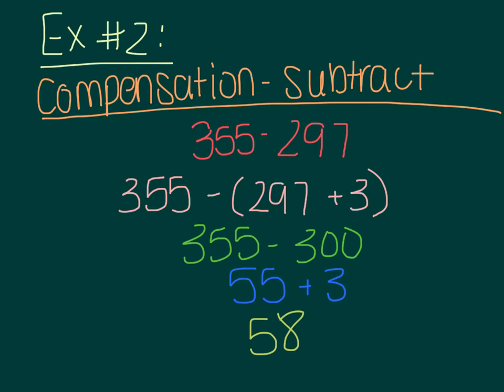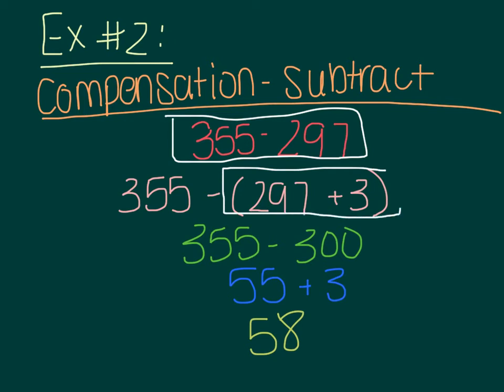Okay, so we have our original problem, 355 minus 297. So again, we want to use numbers that are going to be easy to subtract in our head. So we're going to add 3 to 297 because that makes it 300, which is a lot easier.